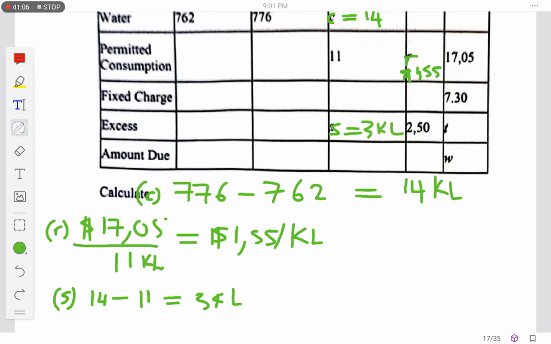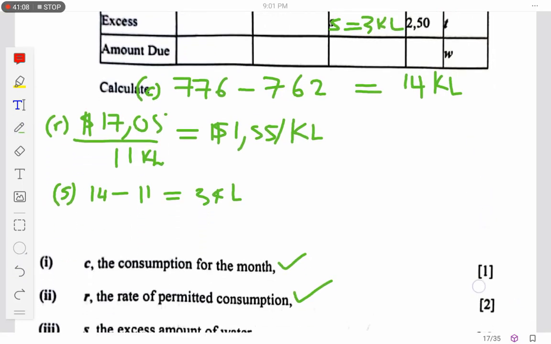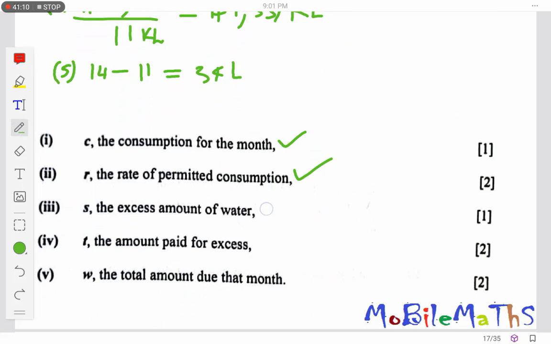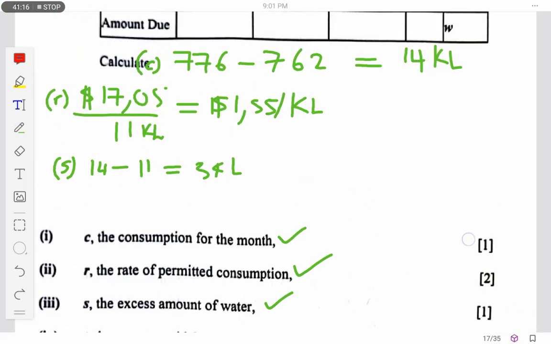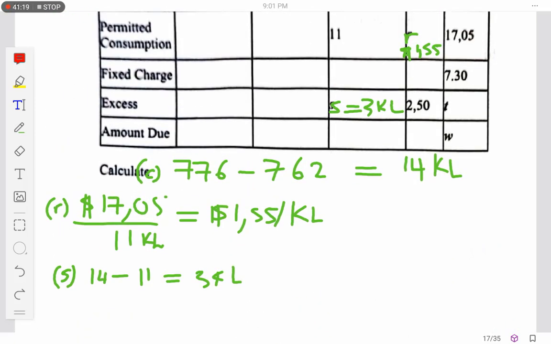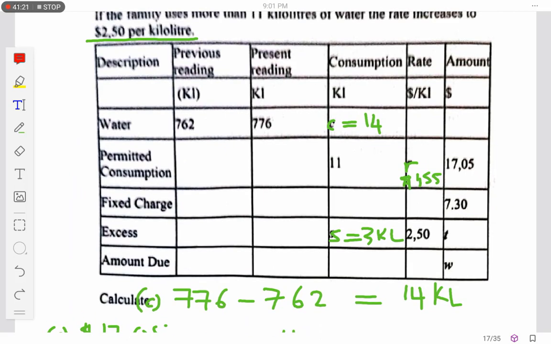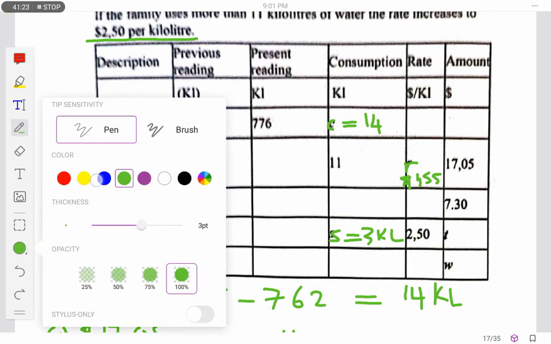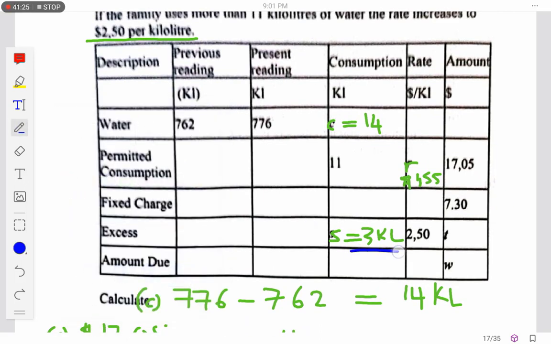Then they say find T, the amount paid for excess. Amount paid for excess, guys. Let's see the table. We have used here 3 kiloliters and we are being charged $2.50.